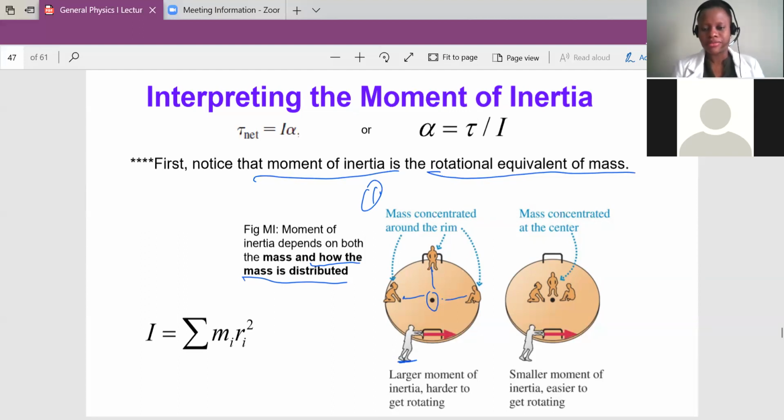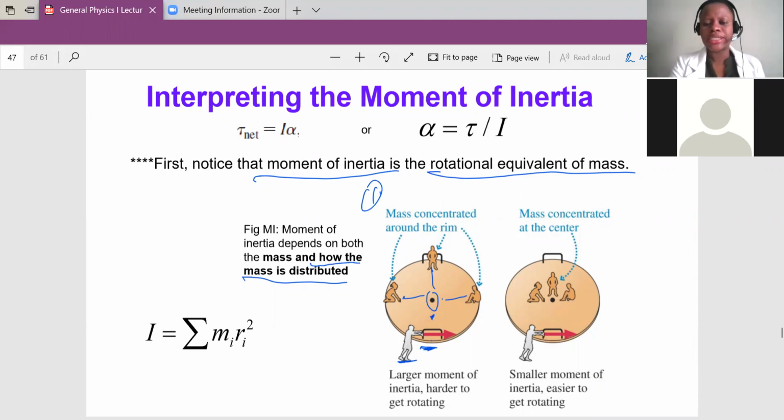Imagine a roller coaster sitting at the edge. Remember the very first analogy we used in the last class, where you have to push the door. Is it easier to push close to the pivot or away from the pivot? That's why this person is not coming here to start pushing; he's pushing from the edge.